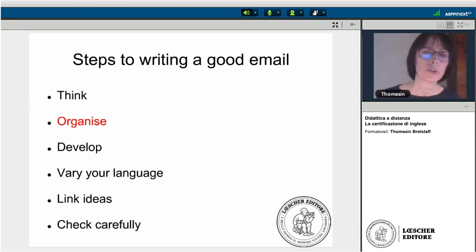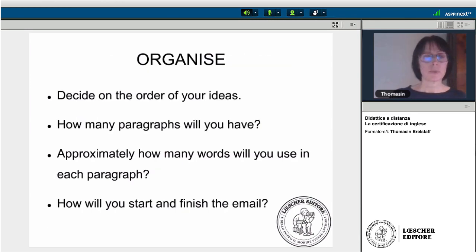And this is important because an organized piece of writing is much easier for the reader to understand. It's easier to read and the message is communicated more clearly. So let's have a look at some aspects of organization.